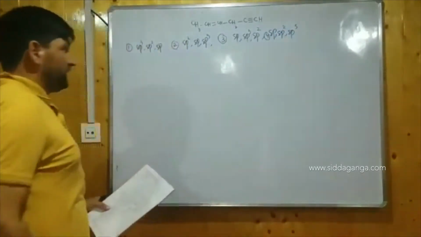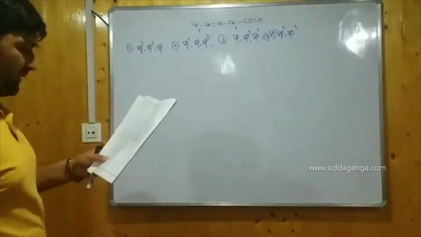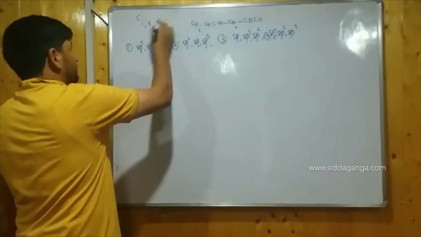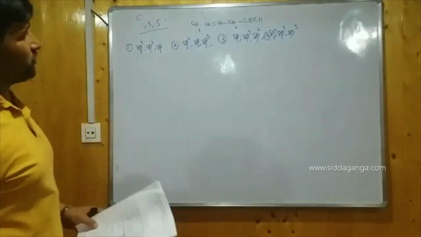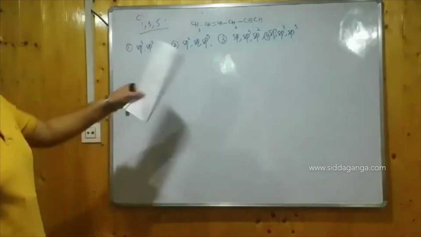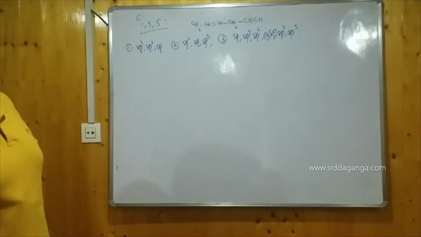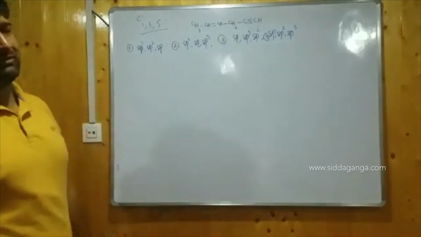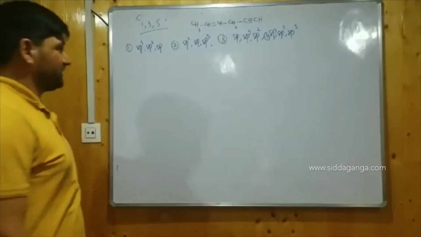These are the 4 options we have. The question is carbon number 1, 3 and 5, what is the hybridization? This question can check your 2 rules: IUPAC nomenclature locant rules, and how to number a carbon chain, and according to that you can find out the hybridization quite easily. Am I clear, children? Right.